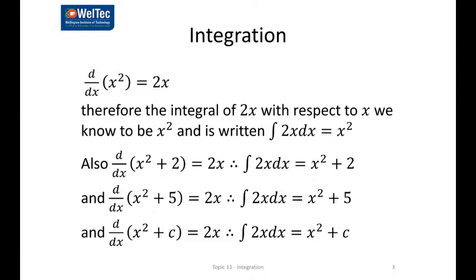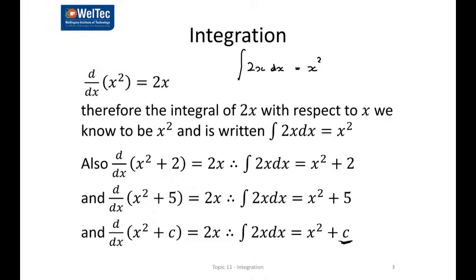Just to reiterate why we need that c, if we think of it as being a reverse operation and we're checking it and we're saying that the integral of 2x is x squared, it's not enough, because checking backwards, it might have been x squared plus 2, and the derivative of x squared plus 2 is 2x.